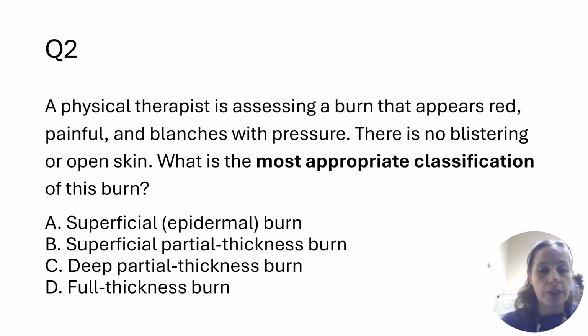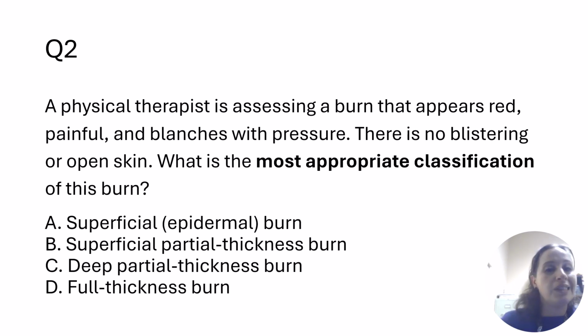So for this one, we're looking at burn classifications. And the answer for this one is going to be A, superficial. Red, painful, blanches with pressure. There are other burn classifications that may use the word red or white, right? When we think of partial thickness, that could be red. When we think of superficial partial thickness, that could be red.